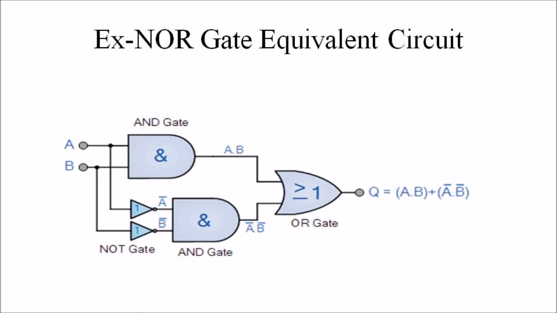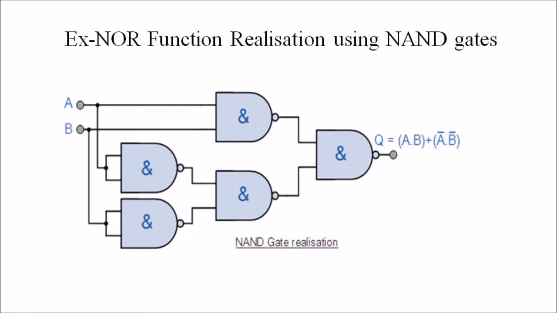One of the main disadvantages of implementation of the XNOR function above is that it contains three different logic gates, AND, NOT and finally OR gate within its basic design. One easier way of producing XNOR function from a single gate type is to use the NAND gate as shown in this figure.